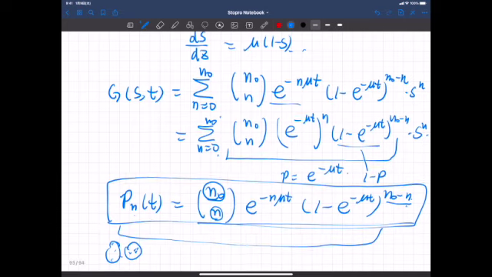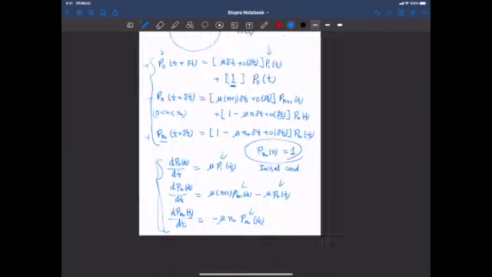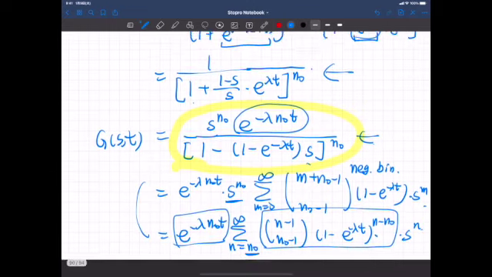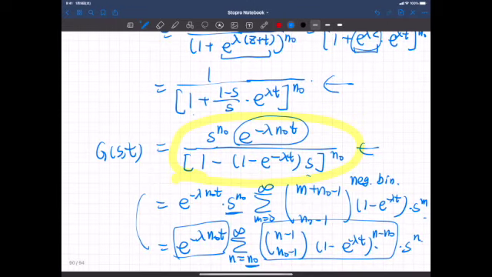Then if you look at it in this way, what's the birth process? It was based on the negative binomial distribution, right? So let's go back. This one.